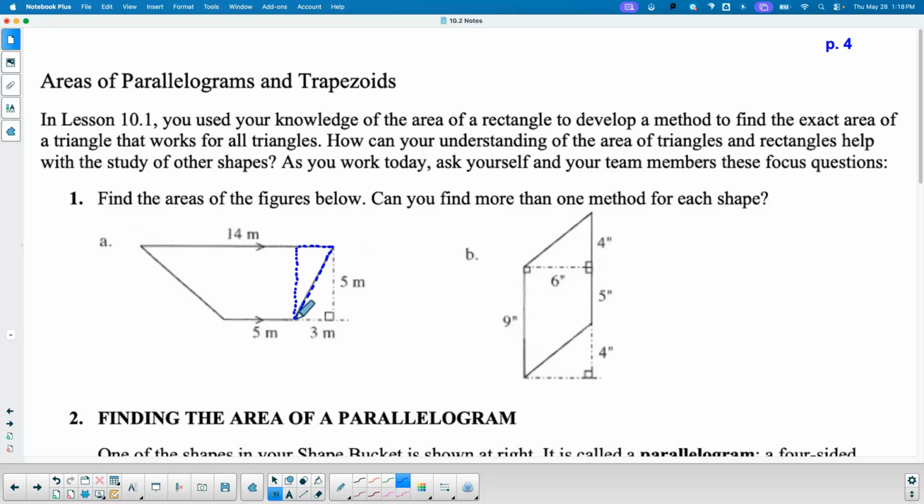I got a 5 here and a 3 there. So that would be a base and a height, correct? Okay. Important for finding the area of the blue triangle? Okay. All right.